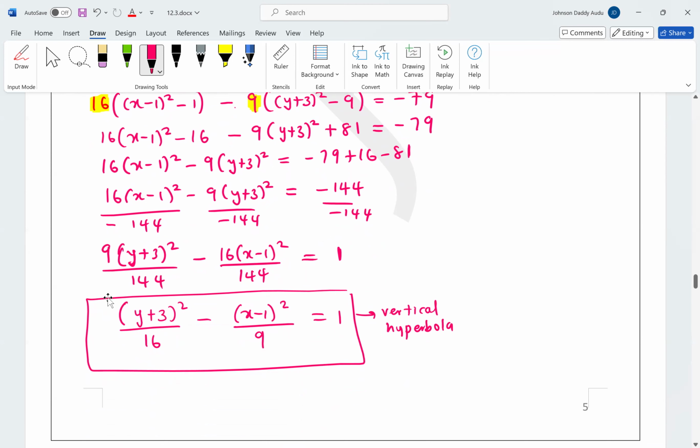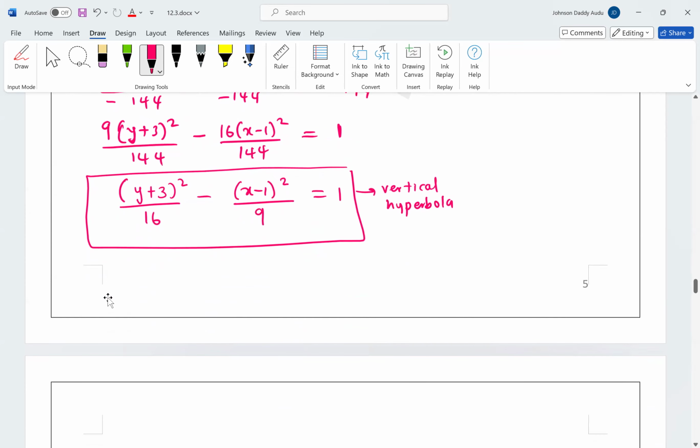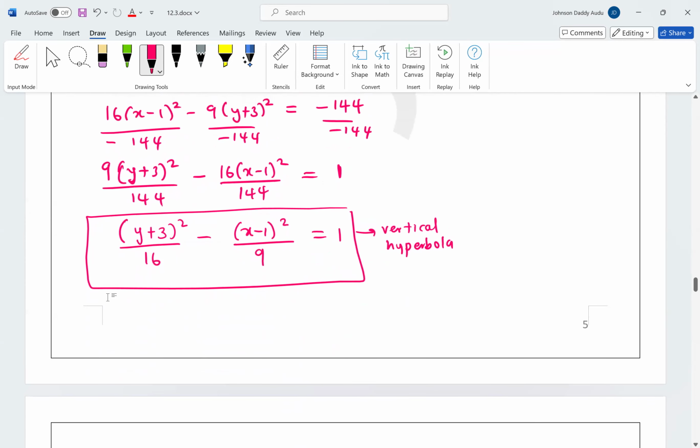Dealing with a vertical hyperbola, what can we do with it? We need to get our center by comparing with (y minus k) squared over a squared minus (x minus h) squared over b squared equals 1.